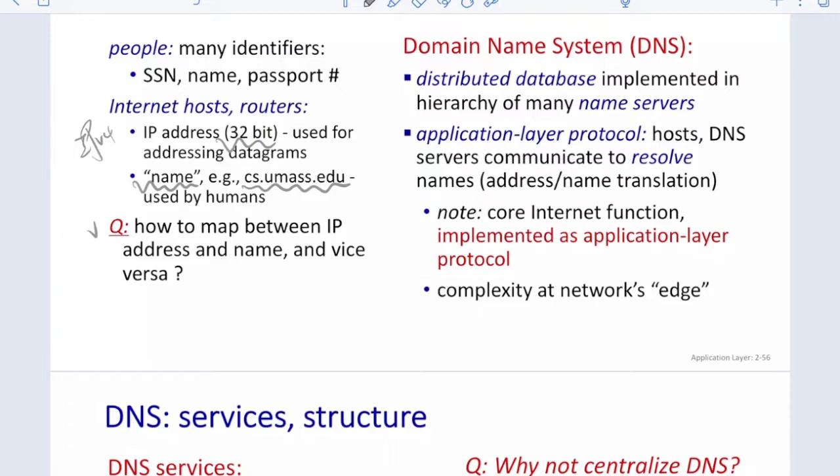So ideally, we should have a distributed database, or many different name servers, to store all the information about names and their corresponding IPs. So this is an application layer protocol that tries to resolve names to IPs or vice versa.